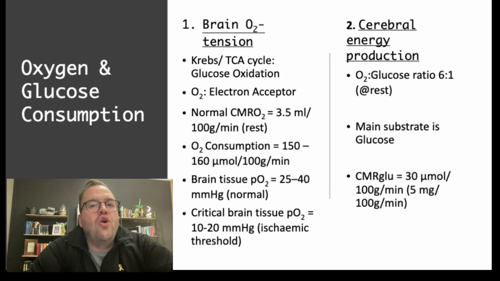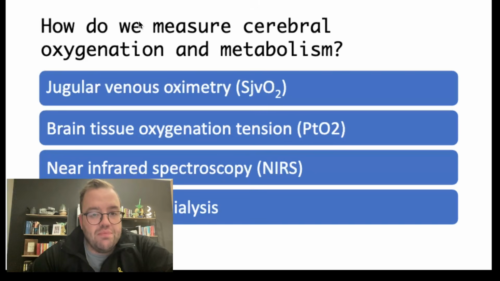The CMR glucose, the cerebral metabolic rate of glucose consumption, is around 30 micromoles per 100 grams per minute, so roughly 5 milligrams of glucose per 100 grams of brain tissue per minute in an adult. And in a neonate, you can increase that to 10 to 15 milligrams of glucose per 100 grams of brain tissue. So obviously, they're much more susceptible to hypoglycemic injury and hypoxic injury.